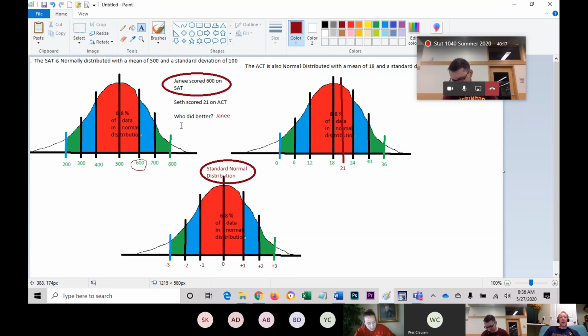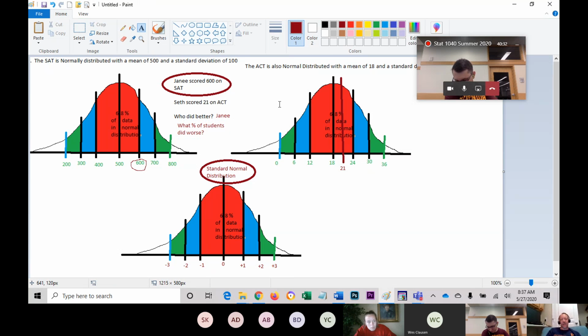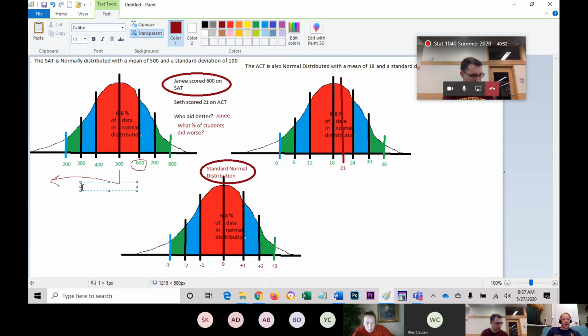But Janie's probably more interested in knowing what percent of students did worse, because she wants to know that. So here's the nice thing. Because the data are symmetric, I know that below 500, this area to the left here, is 50%, right?